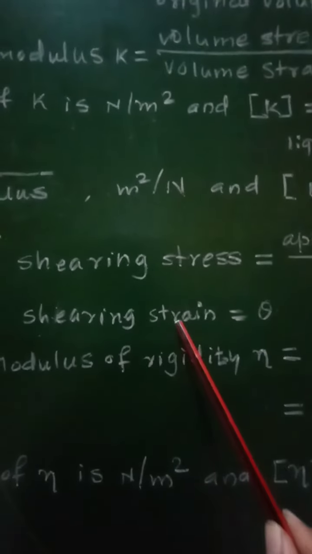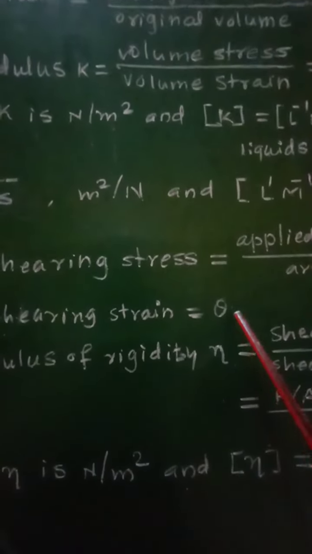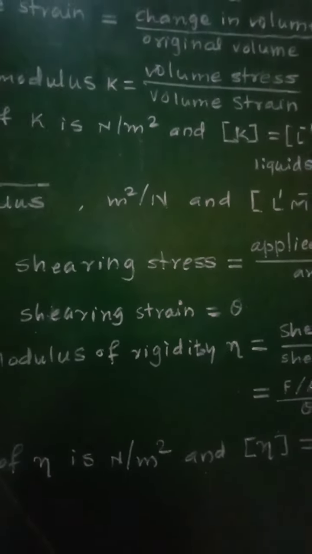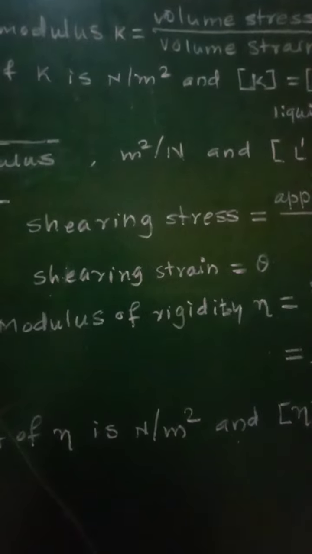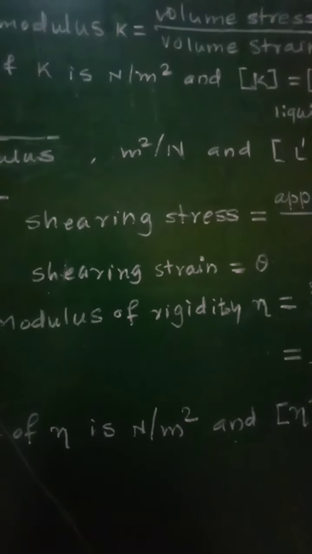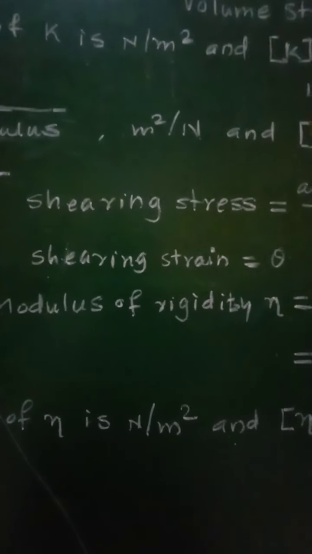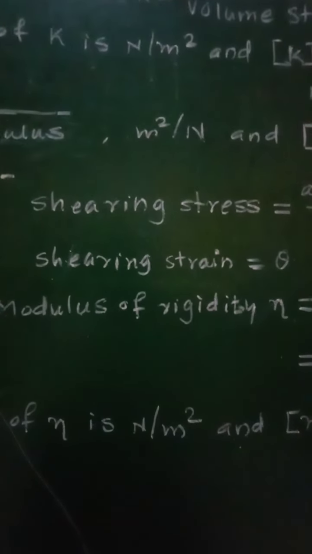Then the shearing strain will be simply theta. The modulus of rigidity is defined as the ratio of shearing stress to shearing strain.